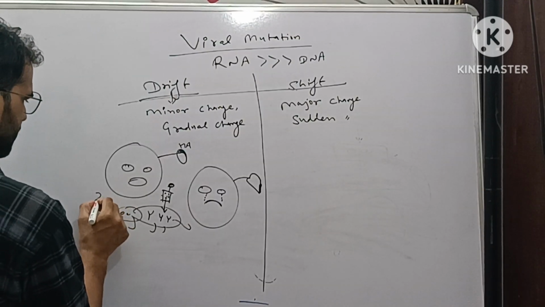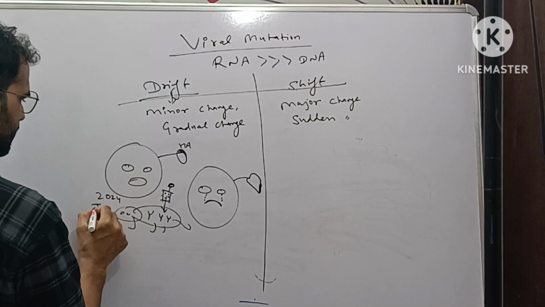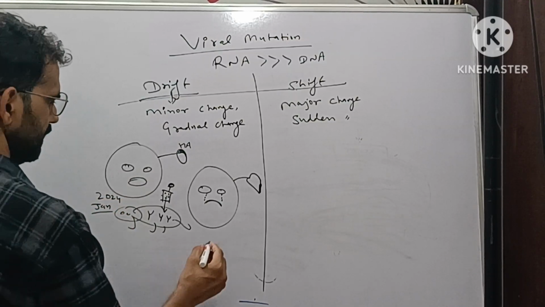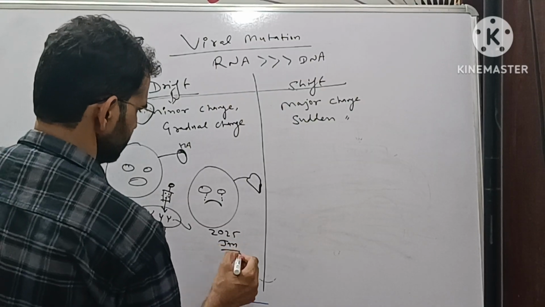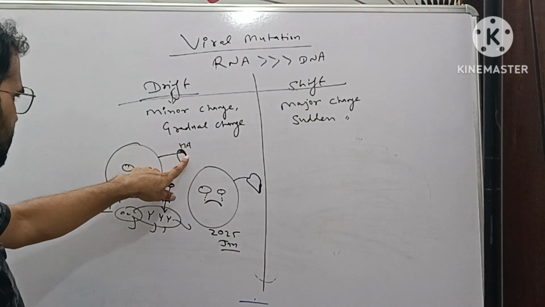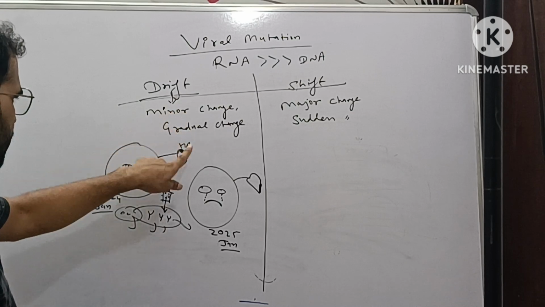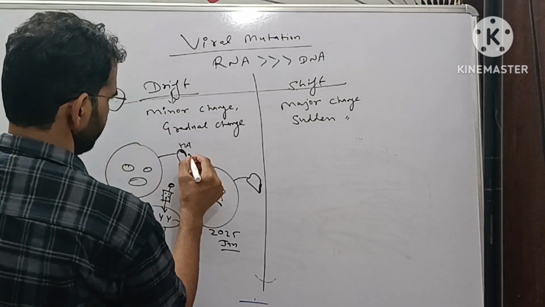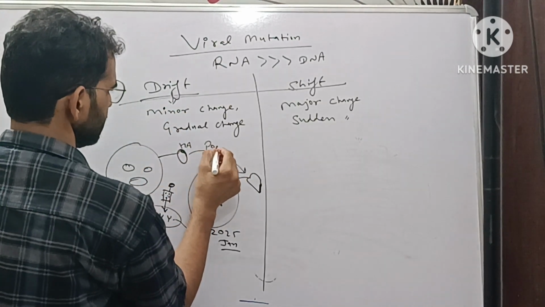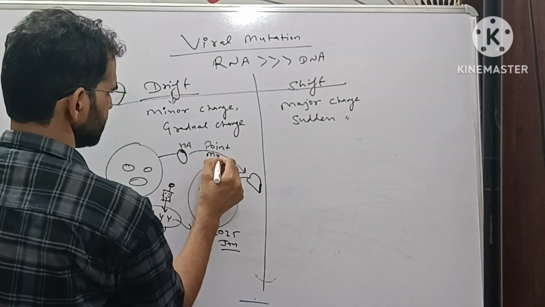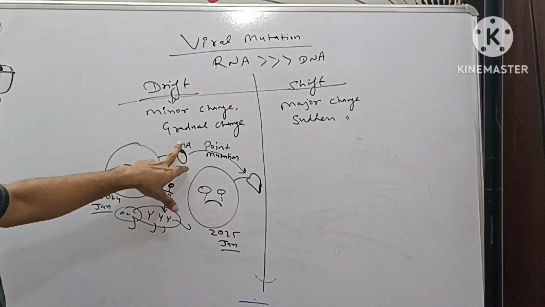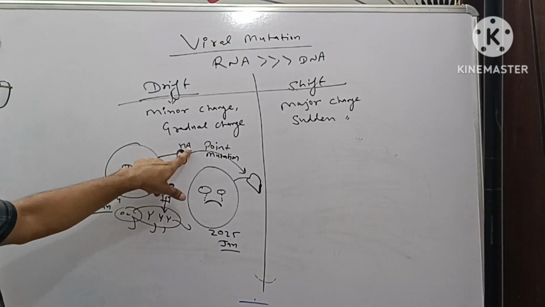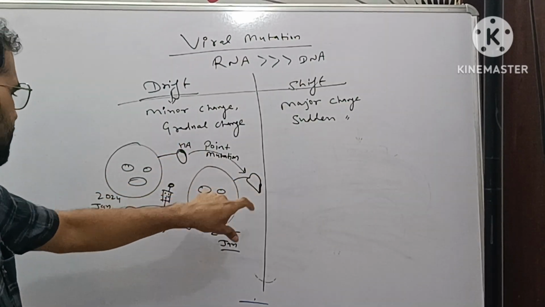Suppose in January 2025 there was a point mutation from this to this, which changes the surface glycoprotein HA.